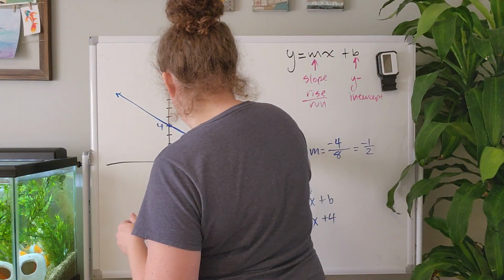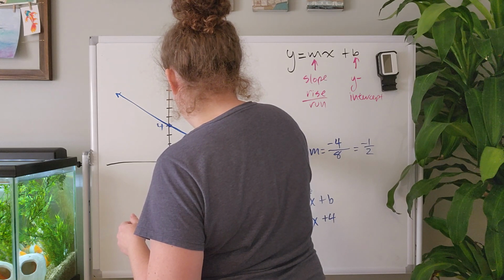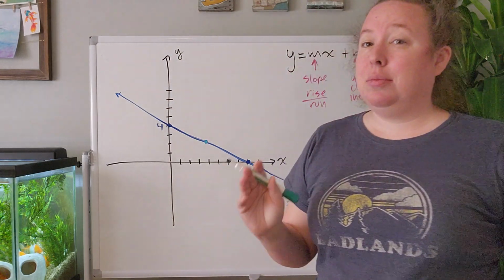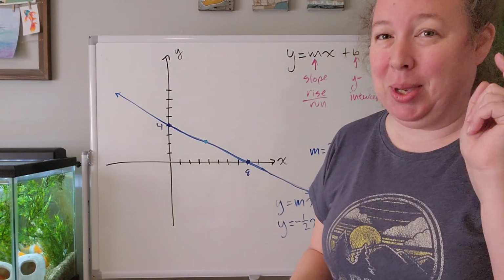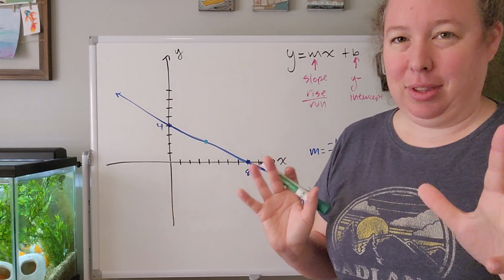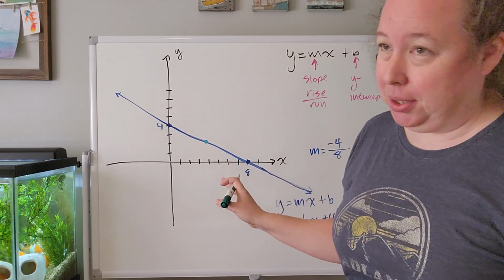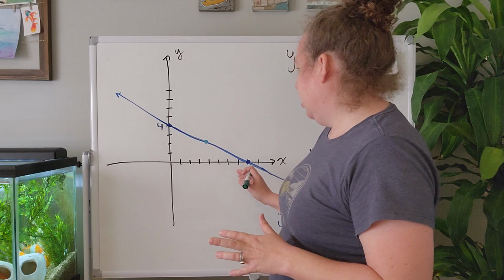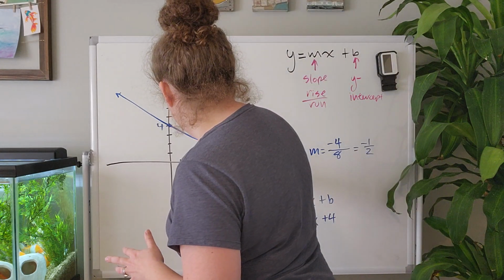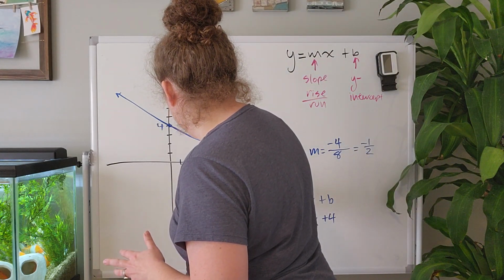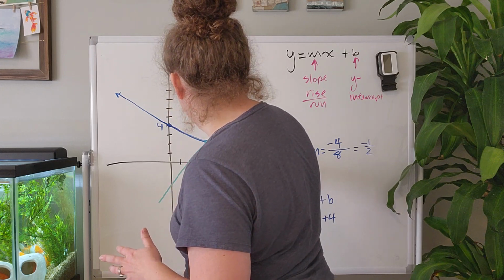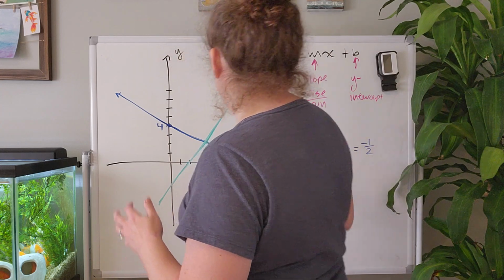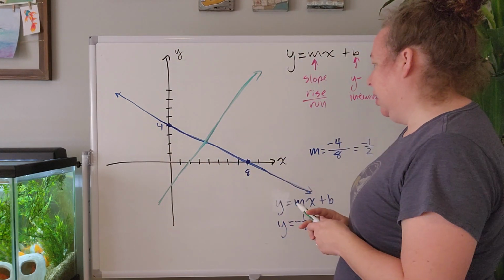So I'm going to, again, this is much easier to do on your paper because you have a grid. This whiteboard does not have a grid. But I am going to do this second line like this.